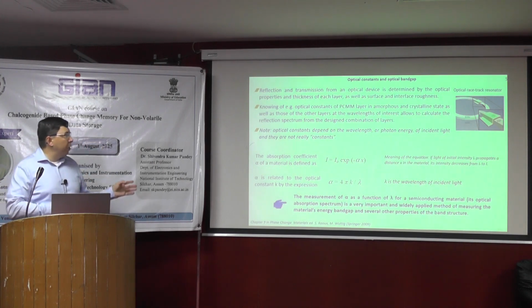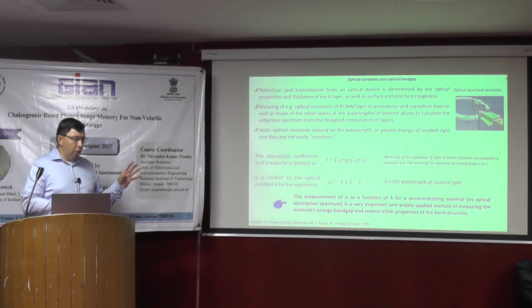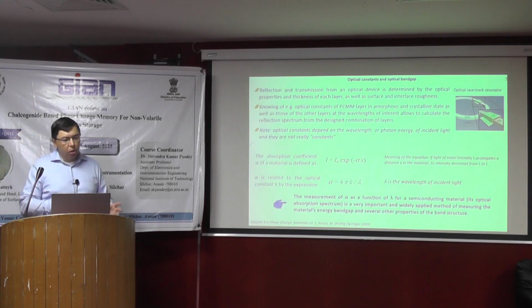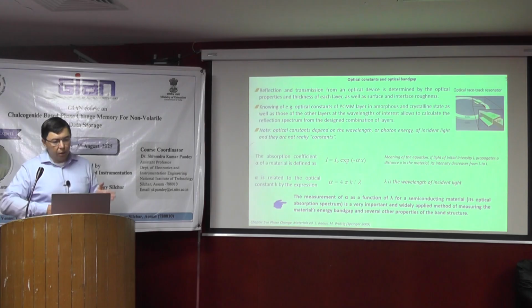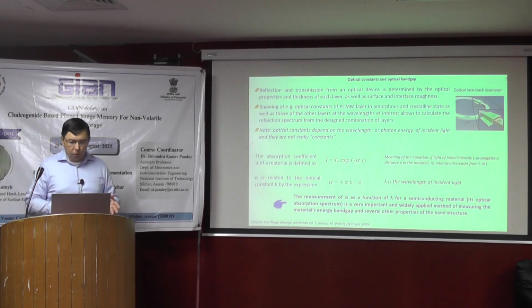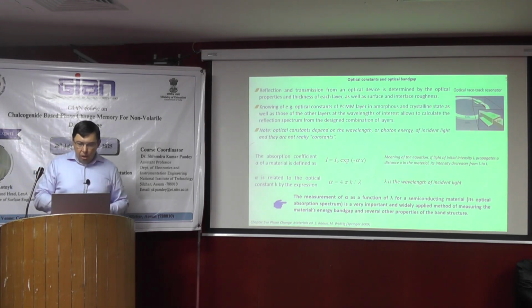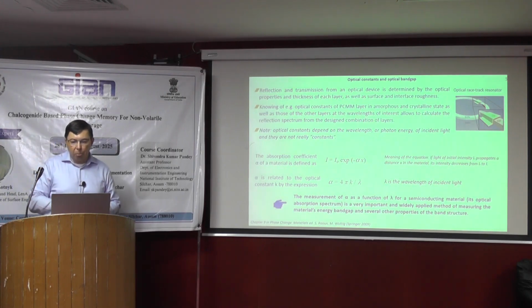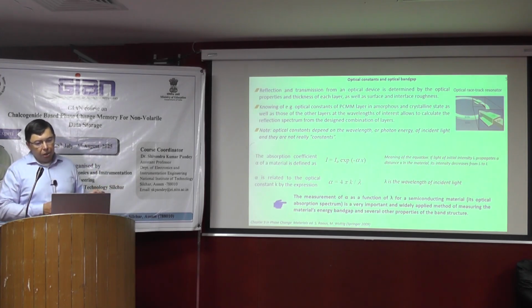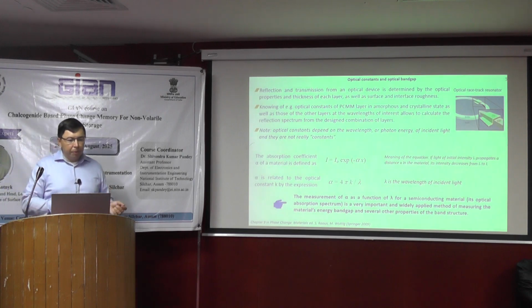Please remember that the optical constants depend on the wavelength and photon energy of the excitation light, so they are not really constant. They are constant at a particular wavelength and particular photon energy. The refractive index indicates how much light bends when entering a material, while the extinction coefficient quantifies how strongly the material absorbs light.